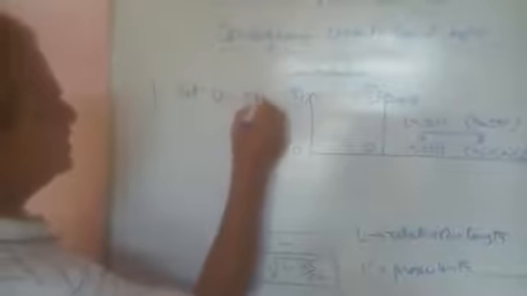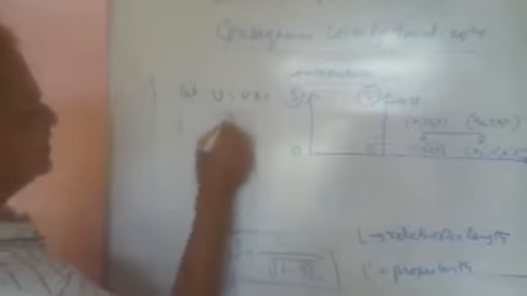Here L dash is the proper length and L is the relativistic length. For understanding only, let V be 0.8 C. So what is this quantity?